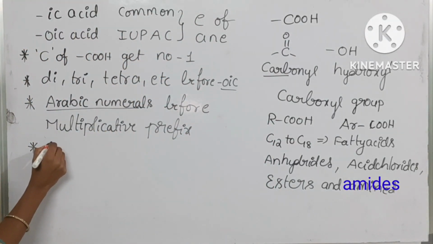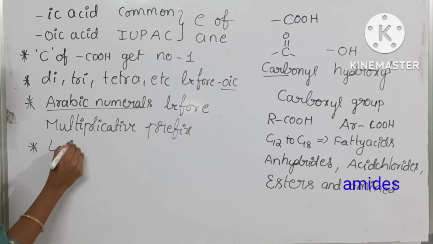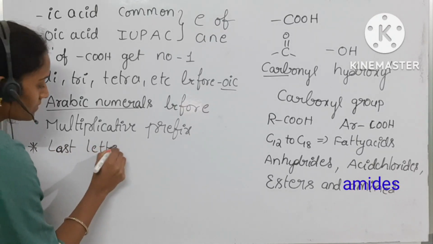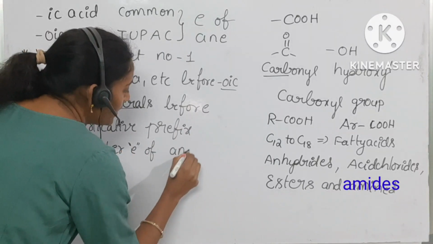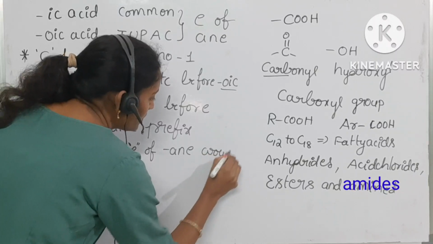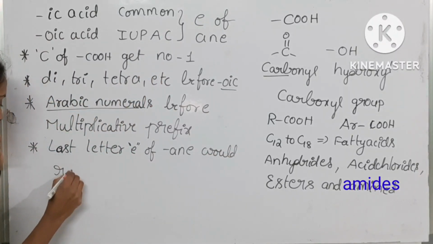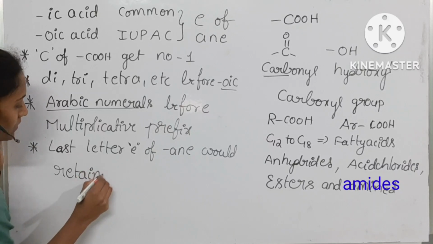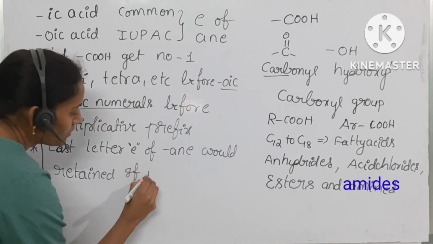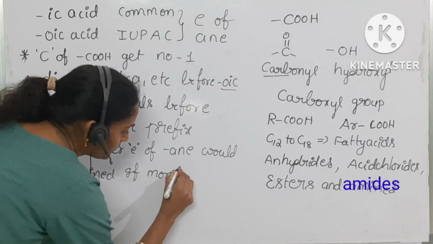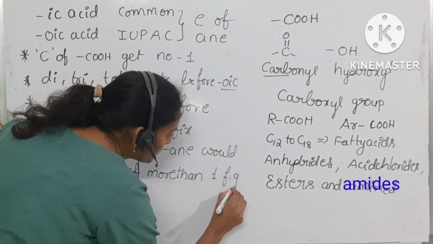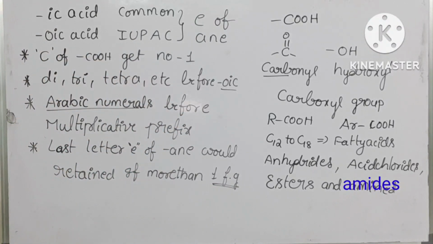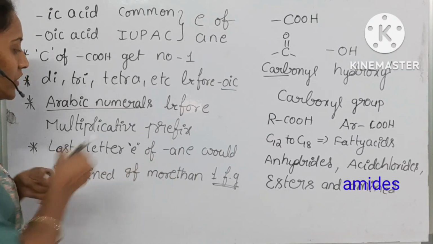The last letter E of ane would be retained if more than one carboxylic acid functional group is there.